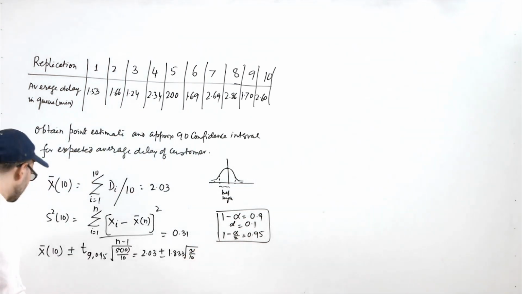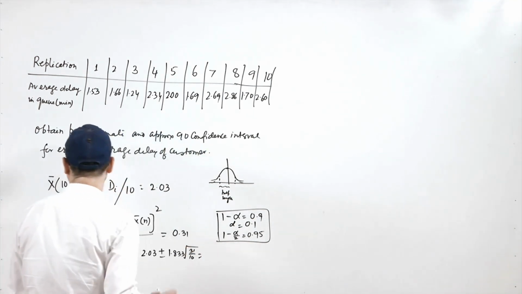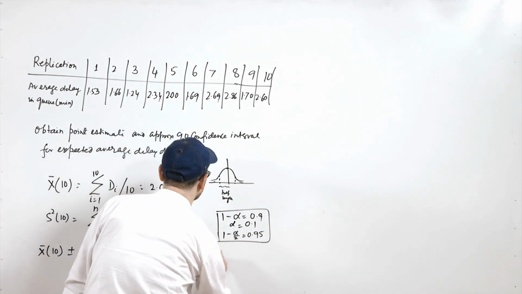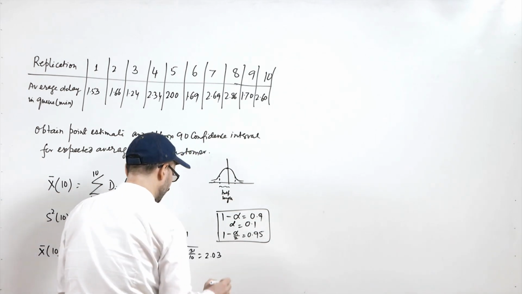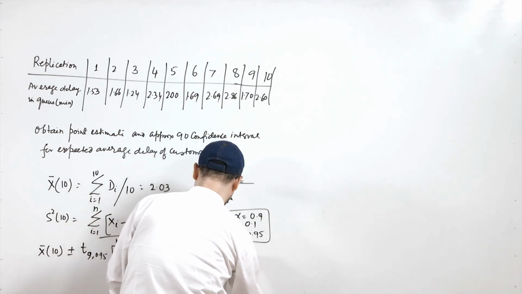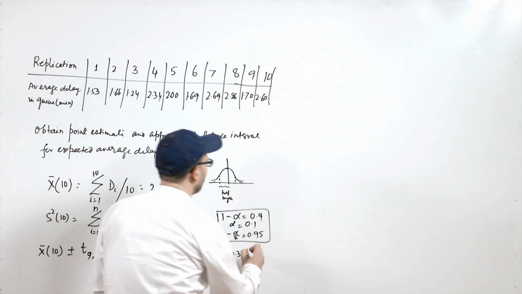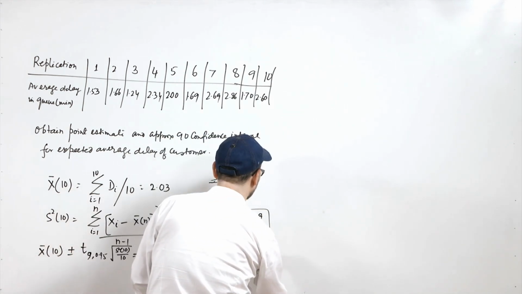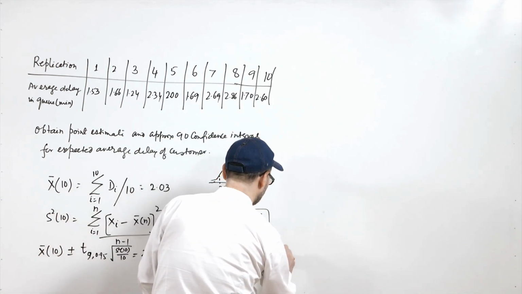So, if we get these values, it will be basically 2.03 plus minus 0.32. So, we are getting an interval of 1.71 and 2.35 minutes.